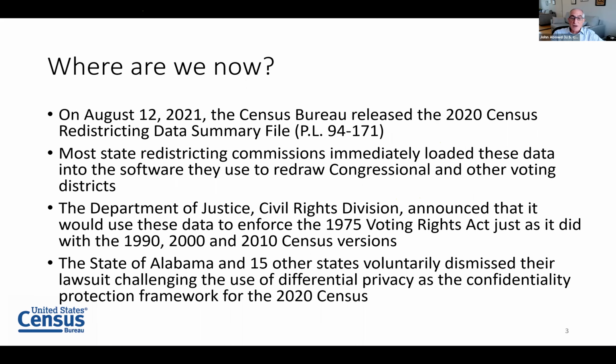At that time, most state redistricting commissions immediately loaded these data into the software they used to redraw congressional and other voting districts. So they started to use them on August 12th.